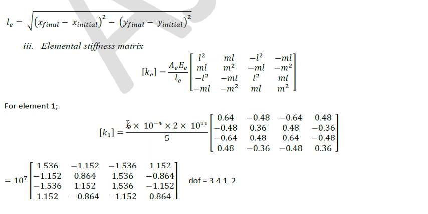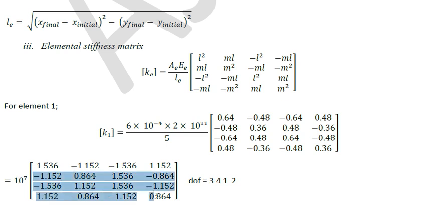This is A and this is E. E I have taken in Newton per meter square because lengths I have maintained in meter, area in meter square. So after simplification, I will get 10 power 7 into this term.